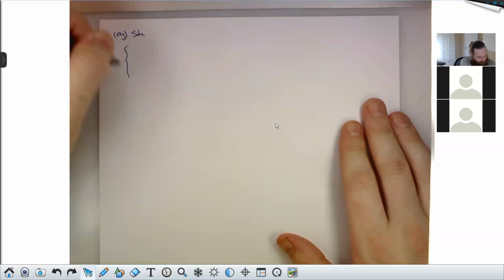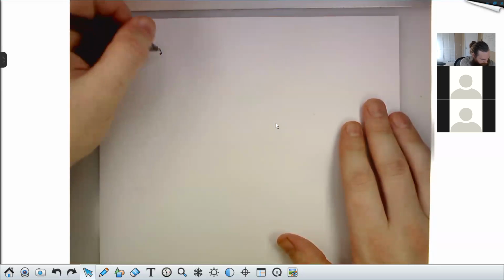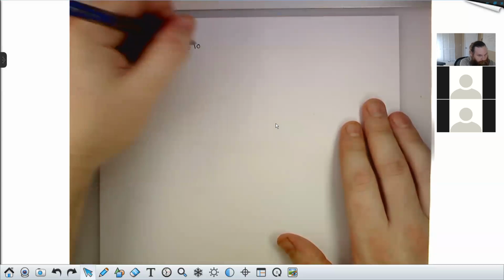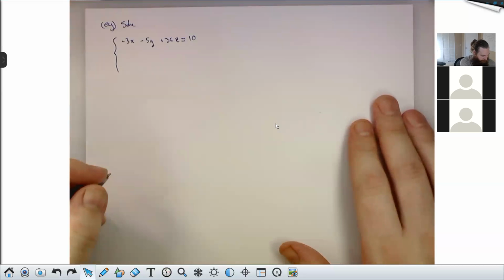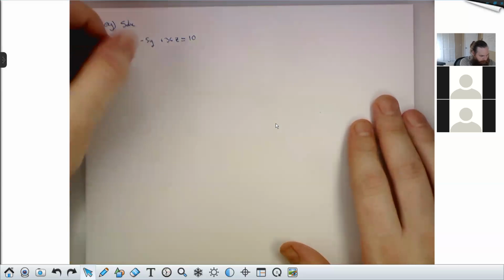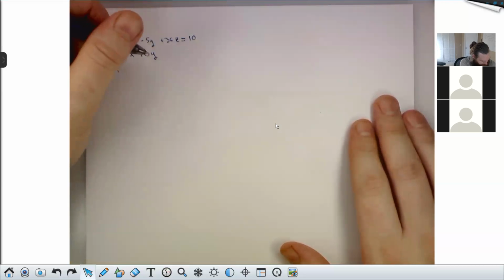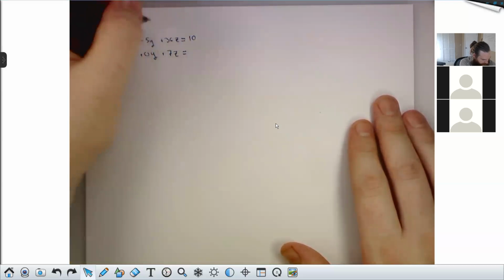-3x minus 5y plus 36z equals 10. Negative x plus 0y plus 7z equals 5.